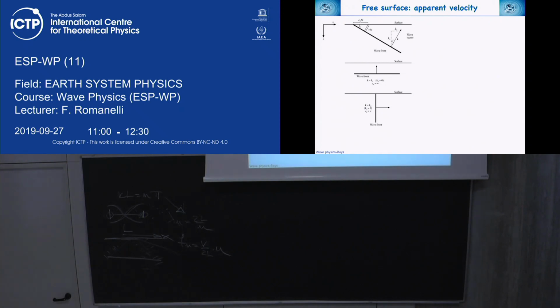If we are bouncing together, time is 0. Horizontal apparent velocity is infinite. And we're bouncing together. Okay. On the other side, if the angle is, in this case, not 0 but 90, what we would measure was exactly the wave speed.